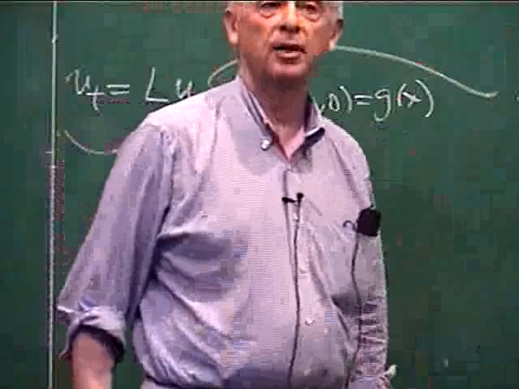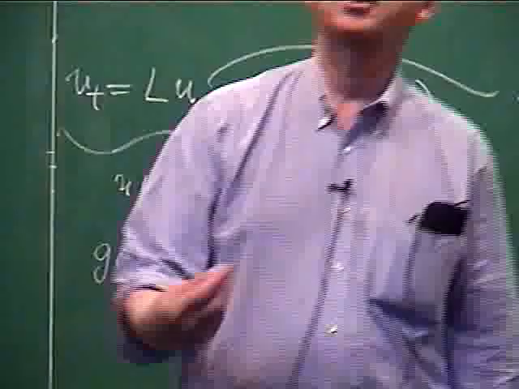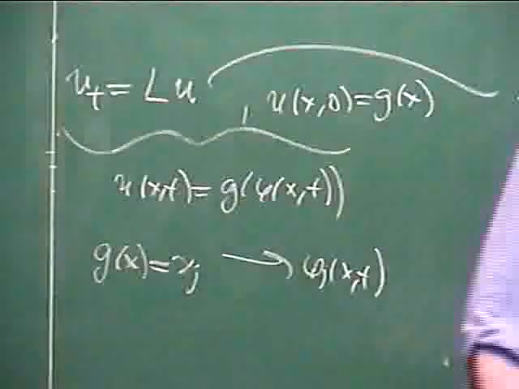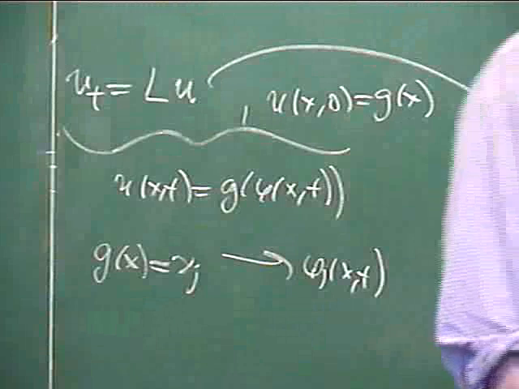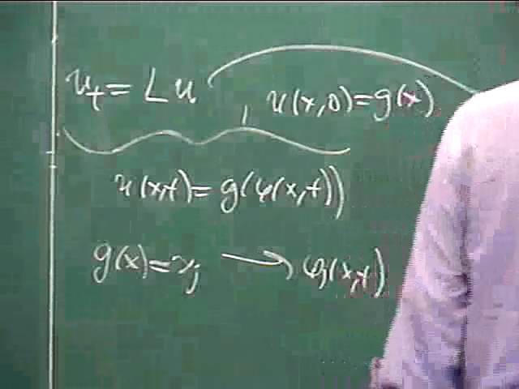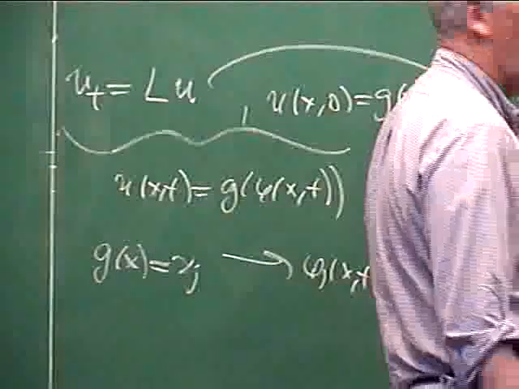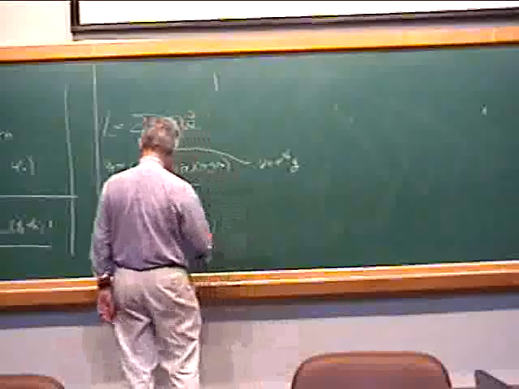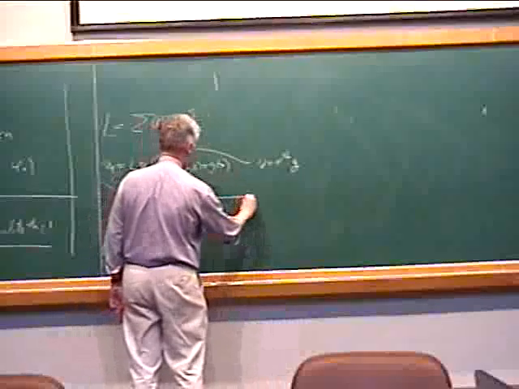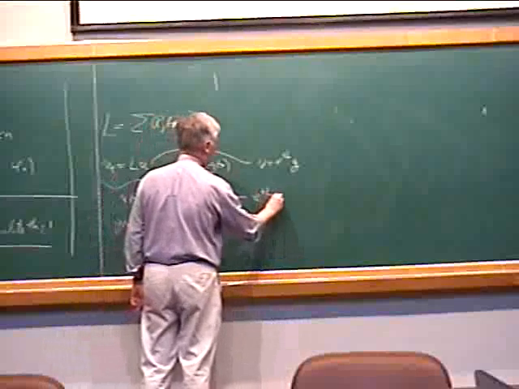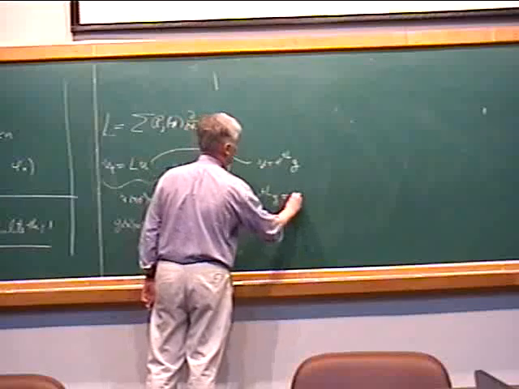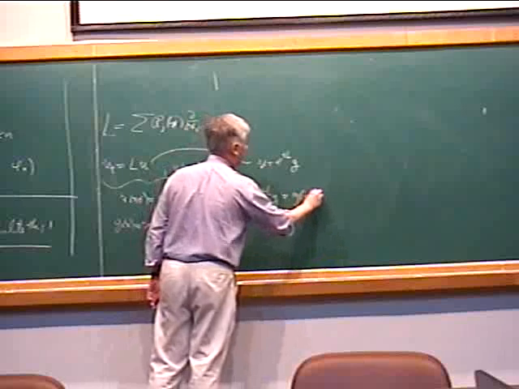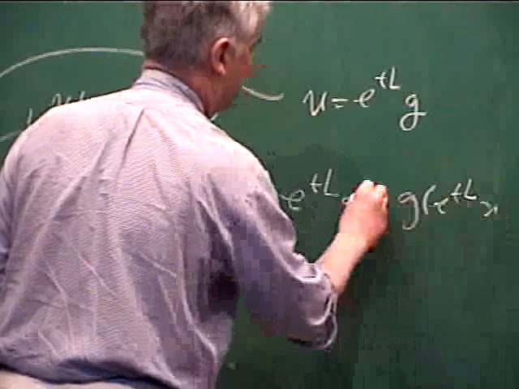I don't need to define it properly because any identity I'm going to use, I can prove by elementary means. One can prove that this object is well defined. And then this identity simply tells you that e to the power tL acting on g is equal to g of e to the power tL acting on x.